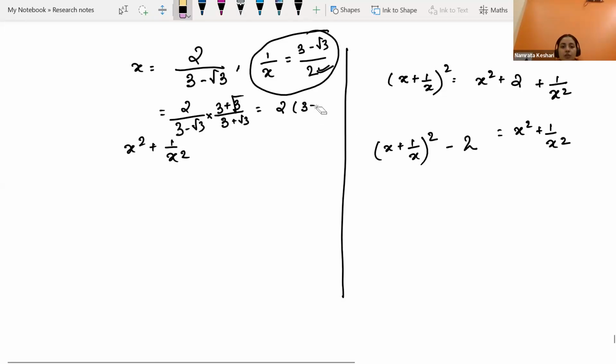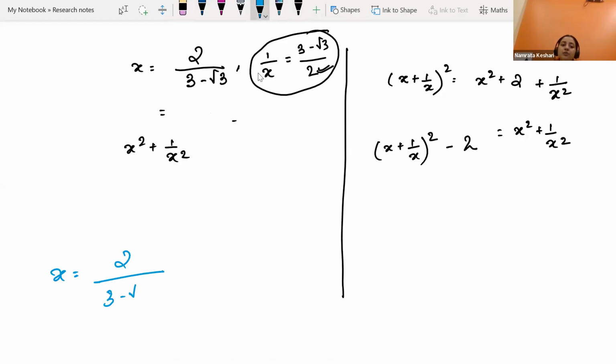If I am doing it over here and it is creating confusion, let me do it separately. Our x is 2 by 3 minus root 3. We are trying to rationalize and get an equivalent fraction. So we'll be having 3 plus root 3 over 3 plus root 3. In the numerator we'll have 2 times 3 plus root 3, which is 6 plus 2 root 3, or you can keep 2 outside.